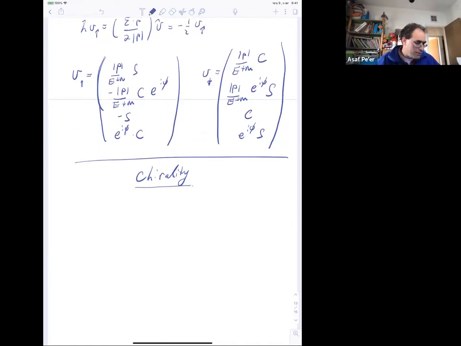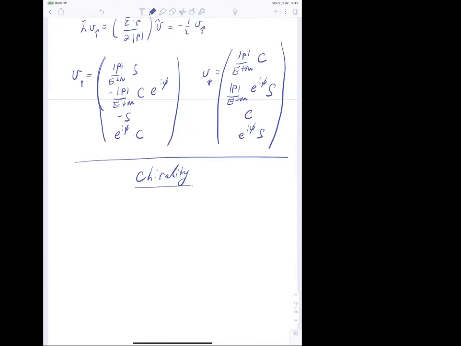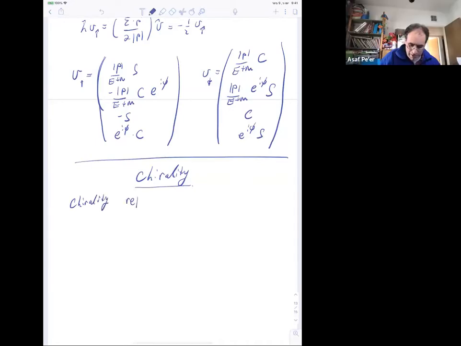So chirality, let me just state what it is. Chirality represents a mirror asymmetry of an object. It is an intrinsic property.